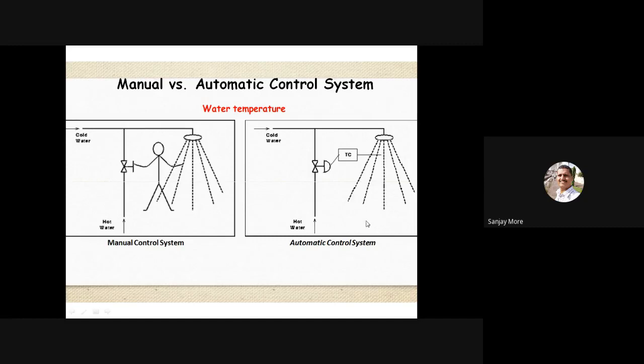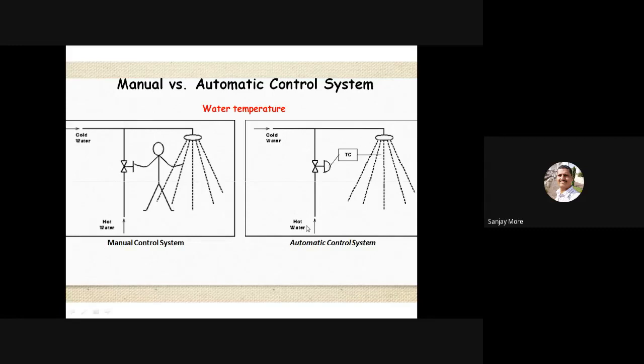And here, automatic control system means cold water is continuously supplied and a temperature controller is attached. It senses the inside temperature, also the human body temperature, and adjusts the supply of hot water mixing with the cold water.